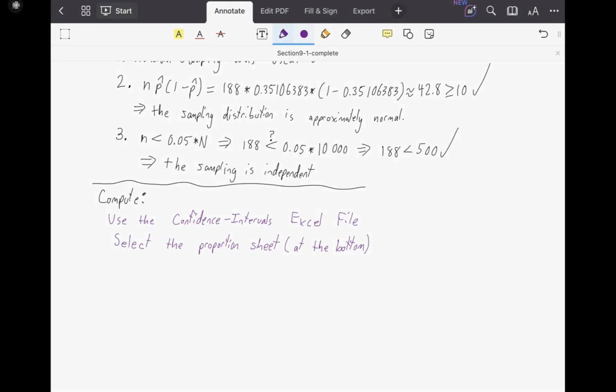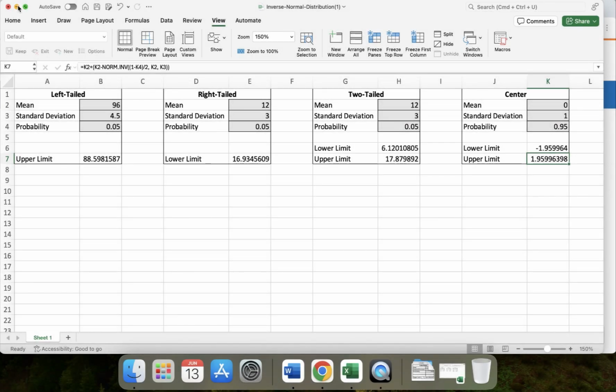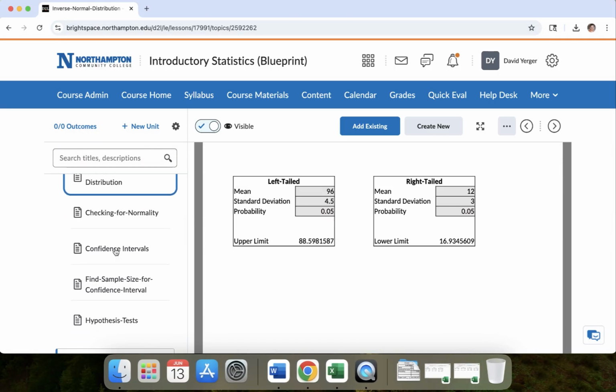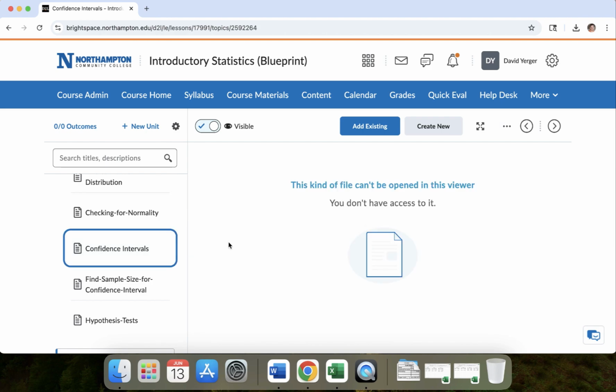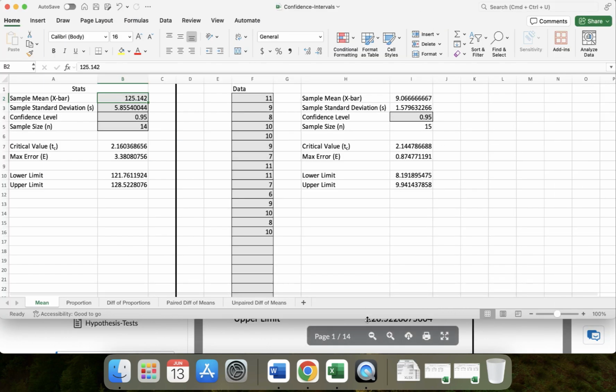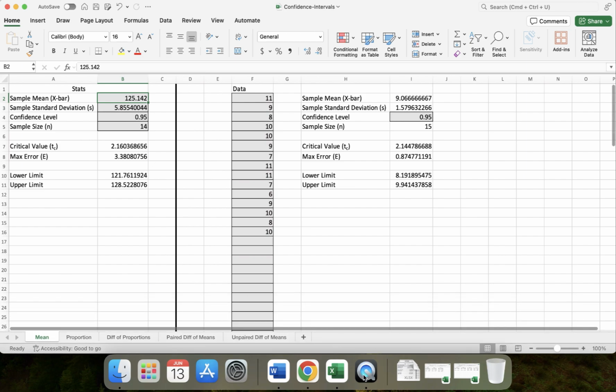Once you're on the correct sheet, it will have a list of a bunch of different things that you need to fill in. Okay, here it is. And here's what it looks like. The sheets that I was talking about are down here.